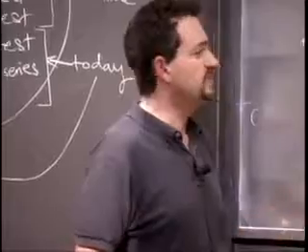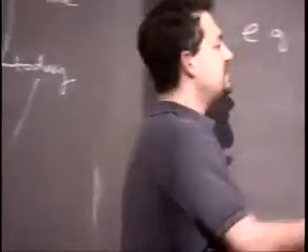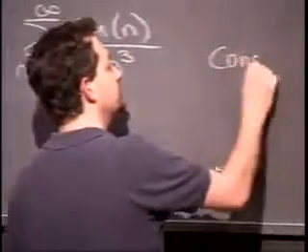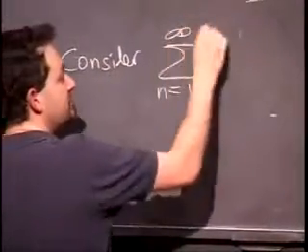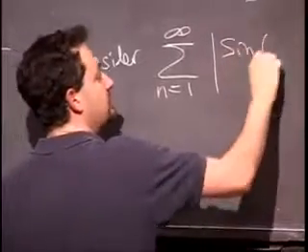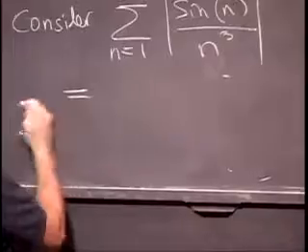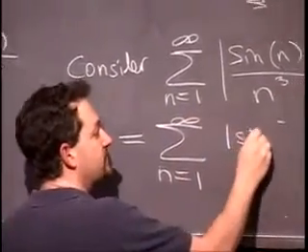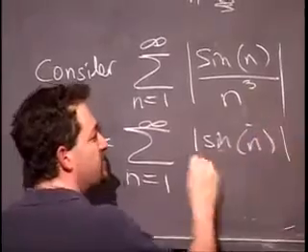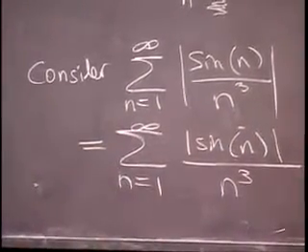We cannot use the comparison test directly on this. So instead I say consider the absolute version, which is the same except I whack an absolute value around the sine. Well, this clearly equals the absolute value of sine n over n cubed, because after all, n cubed is positive when n is positive.